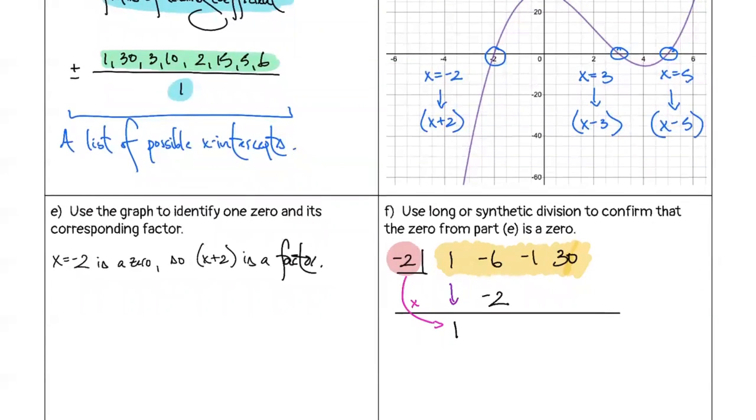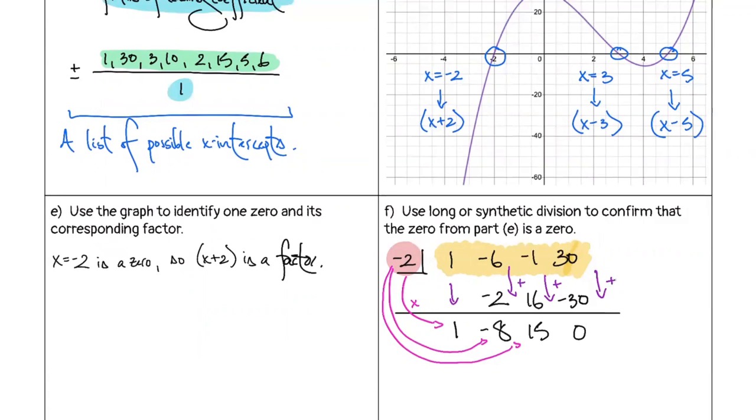I'm going to go ahead and add. -6 plus -2 is -8. -2 times -8 is going to give me 16. -1 plus 16 is going to give me 15. -2 times 15 gives me -30. 30 plus -30 gives me 0. 0 is my remainder. That means that x plus 2 is a factor.